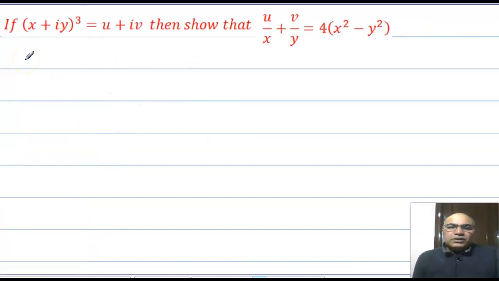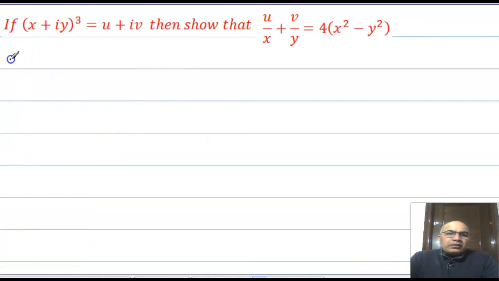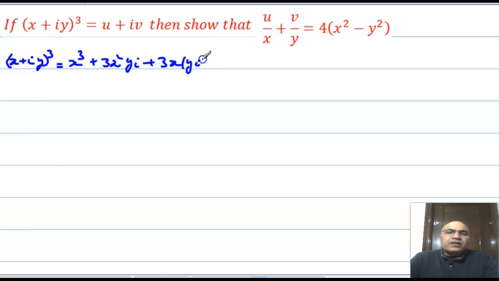In this question, first of all, (x plus iota y) whole cube equals x cube plus 3x square y iota plus 3x (y iota) whole square plus (y iota) whole cube using the formula of (a plus b) whole cube.